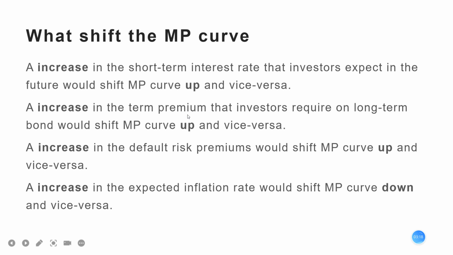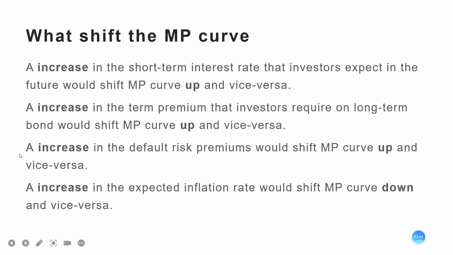So what causes the MP curve to move? An increase in the short-term interest rate that investors expect in the future would shift the MP curve up and vice versa. An increase in the term premium that investors require on long-term bonds would shift the MP curve up and vice versa.